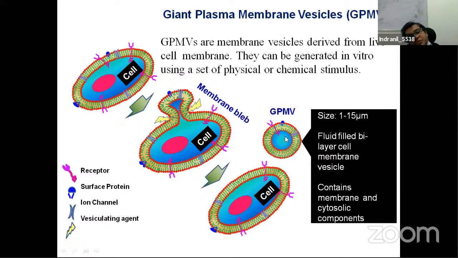And the second point is, can we really manipulate it to satisfy our purpose? Generally, this kind of giant plasma membrane vesicle contains part of the cytosol, and the cytosol contains many different kinds of bioactive molecules.